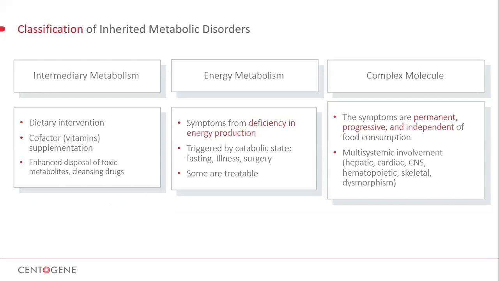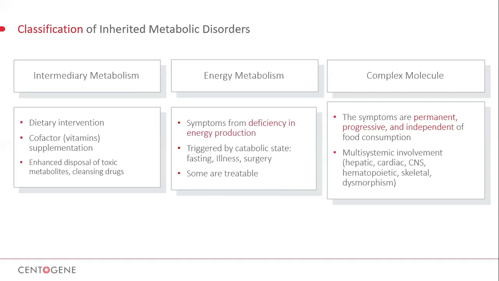And some treatments that have been successfully implemented are mainly dietary interventions, trying to avoid the substance that will cause the production of the toxic metabolite. Also, some supplementation with different cofactors may help to enhance the metabolic activity. And also some drugs that will ease the elimination of the toxic metabolite may be implemented, or maybe will limit the absorption.